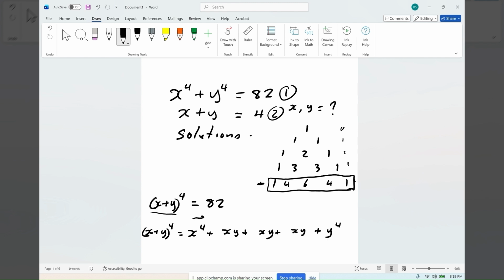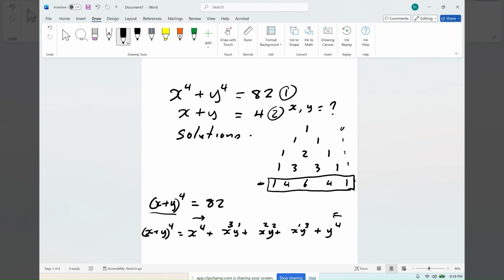Going this way, the x term decreases, so this is 3, this is 2, this is 1, and going this way, the y term decreases, meaning this is 3, this is 2, and this is 1.